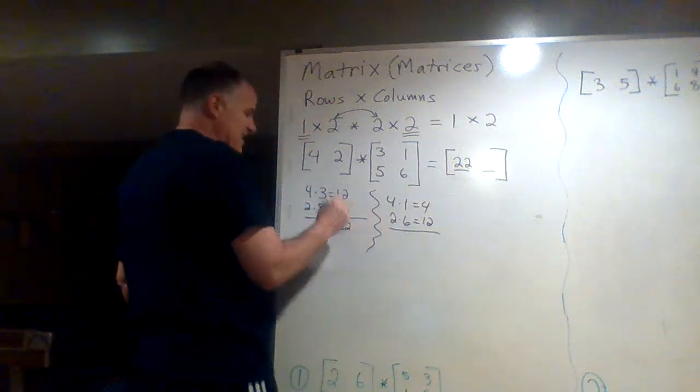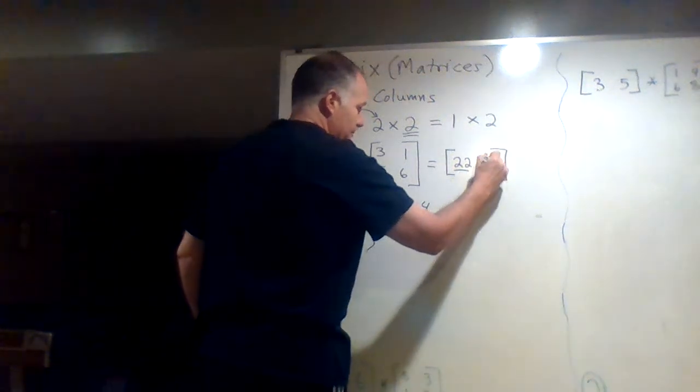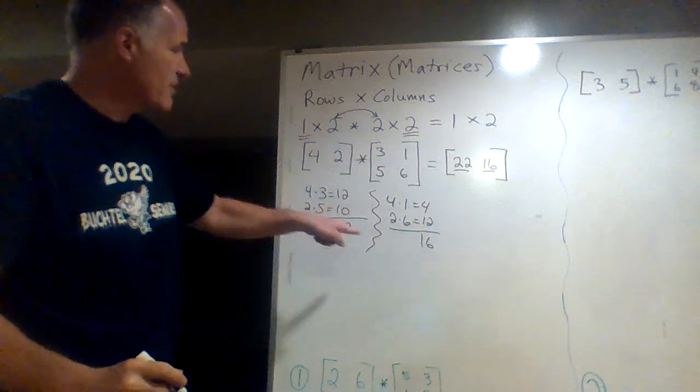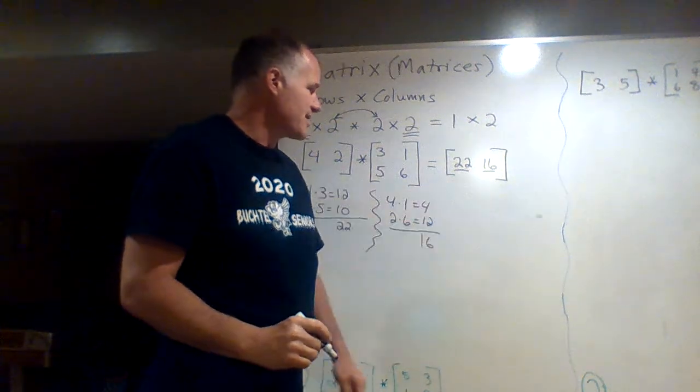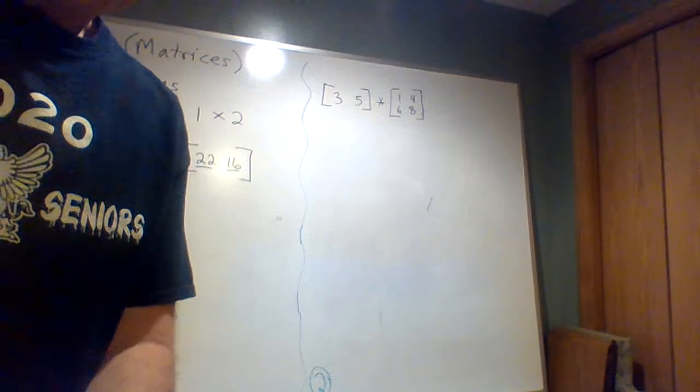Again, these just add together, so that's 16, and there is my answer. So the answer to multiplying these two matrices is 22, 16. That's the answer matrix.